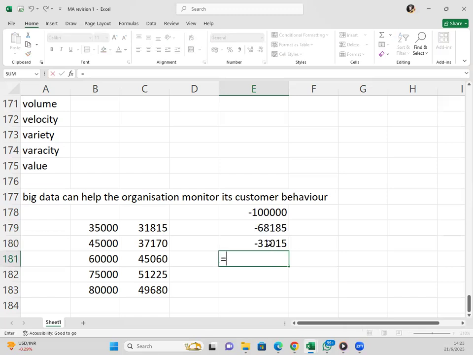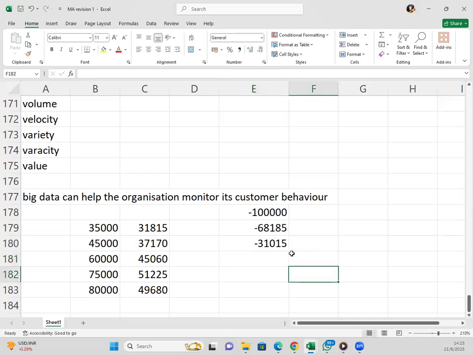But in the third year, the amount received is higher than what is left to recover. You then say what is left to recover, which is 31,015, over the third year's cash flow of 45,060.